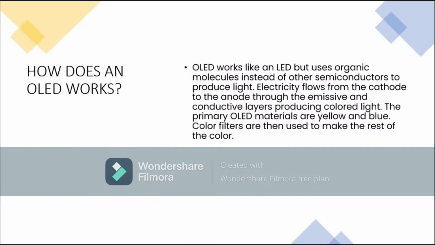So, first of all, let's know how an OLED works. An OLED display follows the same principle as an LED display but operates in a slightly different manner. An LCD panel requires a dedicated backlighting setup to produce light. However, an OLED panel can produce its own light. All this is possible due to specially constructed OLED diodes.